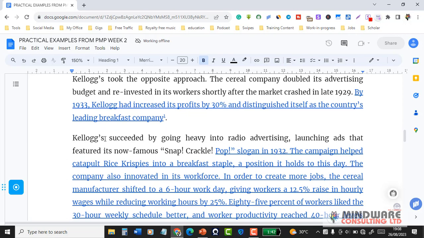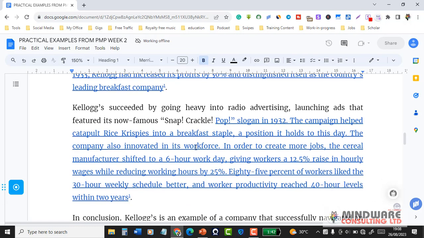Kellogg's succeeded by going heavy into radio advertising, launching ads that featured a very famous slogan, Snap, Crackle, Pop. It was a slogan that was very popular in the United States around 1932.